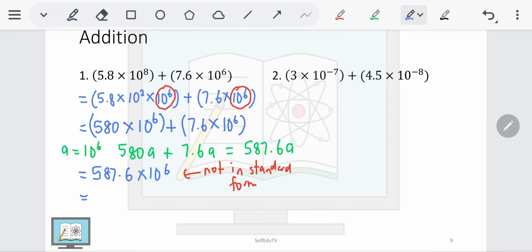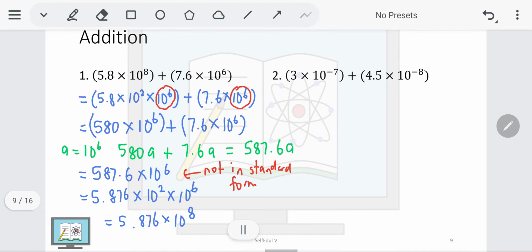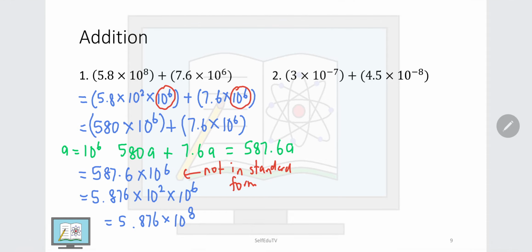So you have to show your working, even though your calculator can perform the calculation. Okay, next one, you may try.